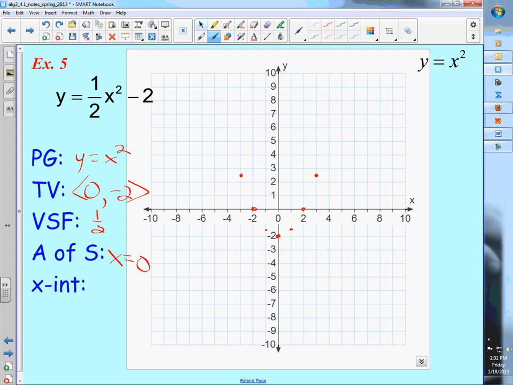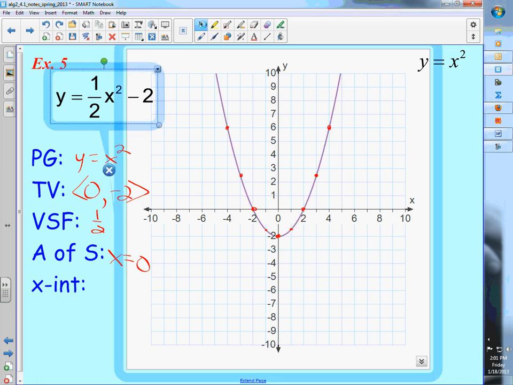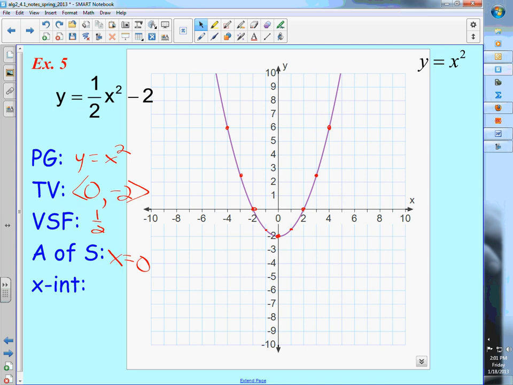If you wanted to, you could go right 4, up 8. Pretty good. So the parent graph got moved down 2 units and then squished as well by a factor of a half. Any questions there?